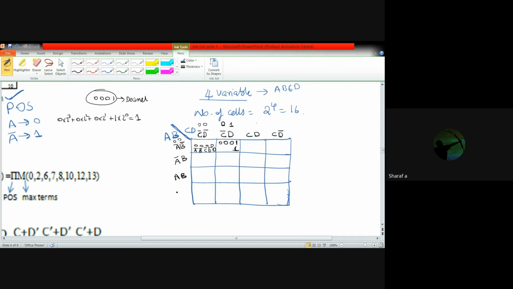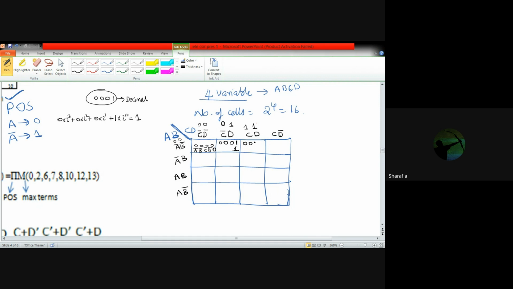Then AB, then AB bar. Here A is remaining as such, B is changing to B bar. Now just to write what is on this side and what is on the cell side. Here again A bar B bar means 0 0, and above you have CD. CD means what? 1 1, because it is not in the complement form.